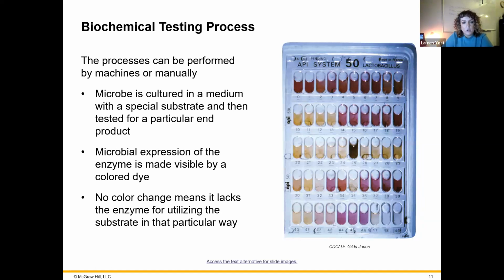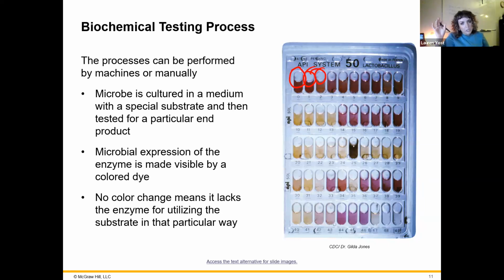And then you can put drops of your culture into these little bubble areas in here, and then incubate them so that the bacteria could grow. And if they can utilize whatever that substrate is in that little pocket in there, it can lead to certain changes of color. And then you can compare the color changes to a key basically, and sometimes you would be able to have a machine look at it for you, but it just depends on what system you're using, of course.